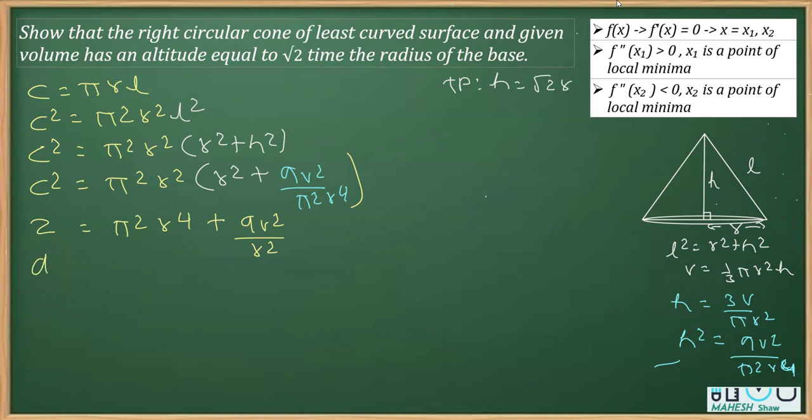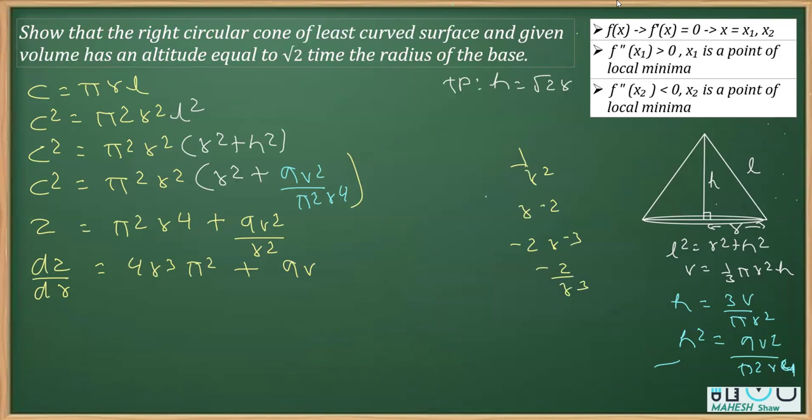Then I'm going to find its derivative, say dZ by dr, with respect to r. From here, I'll get 4r raised to the power 3, and then pi square being the coefficient, and 9V square is the coefficient. You should know 1 over r square is actually r raised to the power -2, whose derivative is -2 r raised to the power -3, that is -2 over r raised to the power 3.